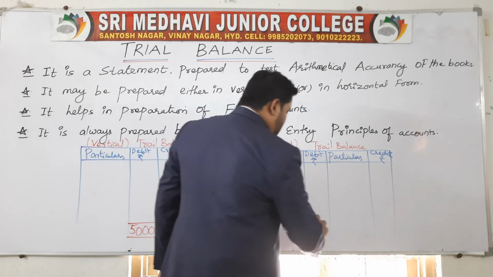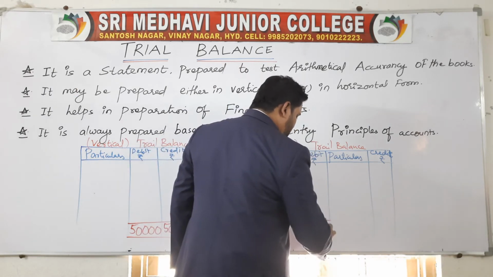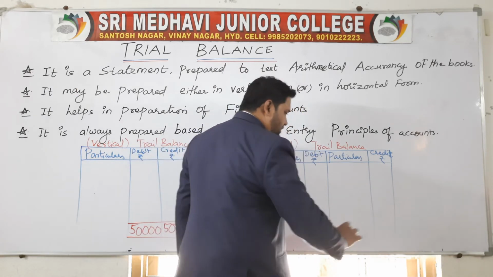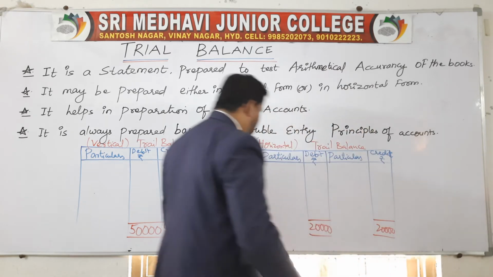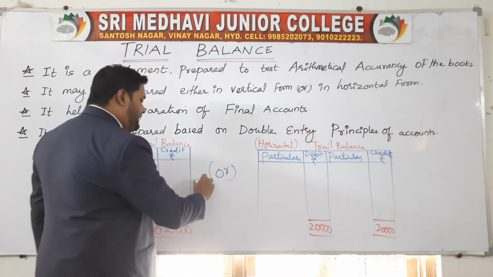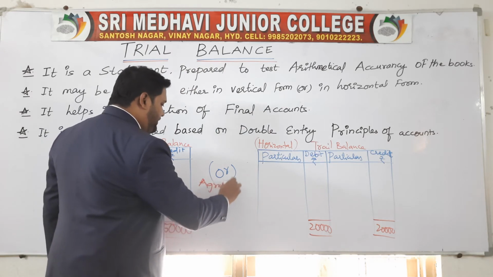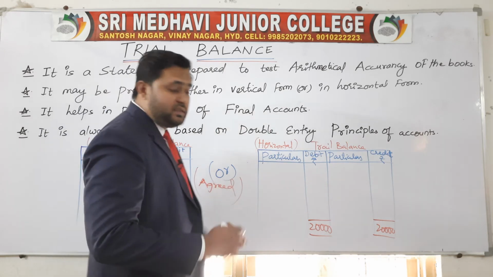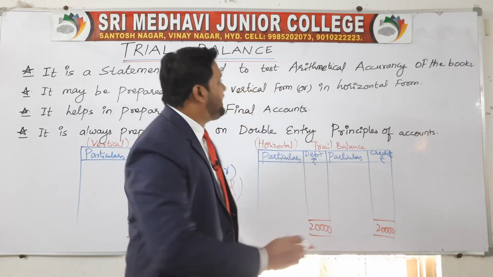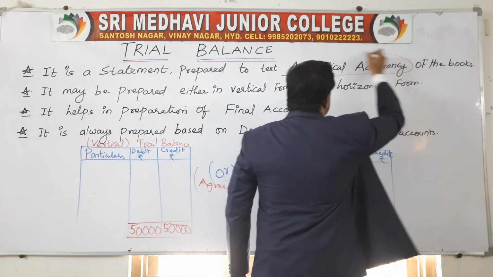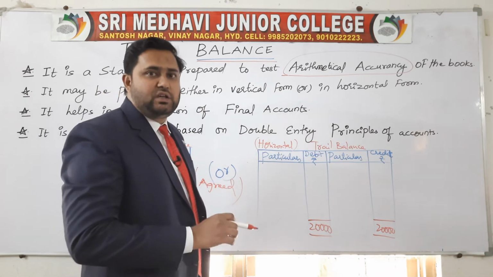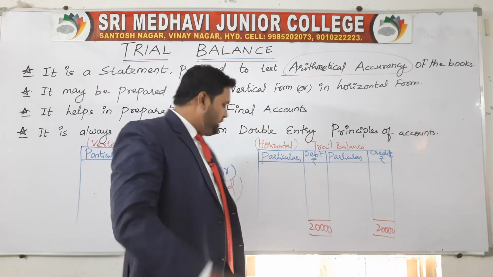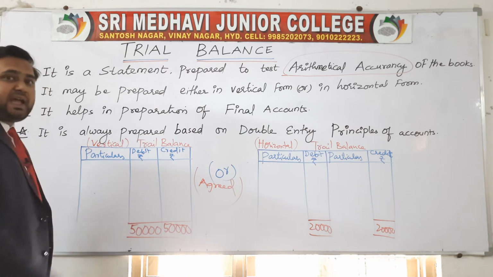Here also, if in the debit column you got 20,000, you will get 20,000 in the credit column. So the trial balance agreed. If the trial balance agrees, then the arithmetical accuracy of the ledger accounts is correct.